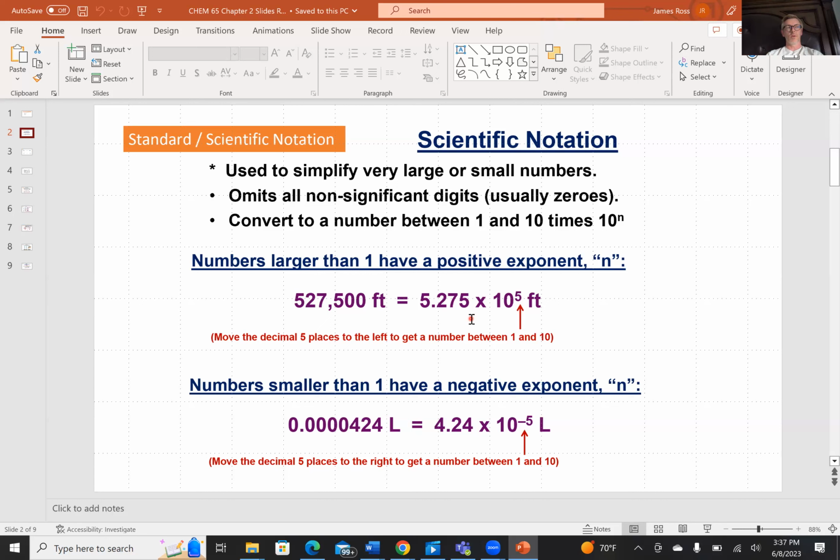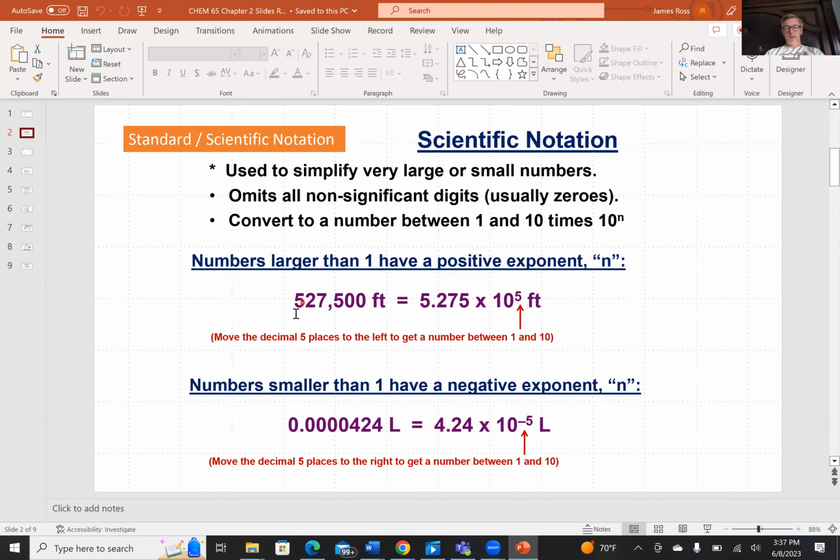Scientific notation is a tool that helps us deal with large or small numbers that might be cumbersome to write and impossible to enter into a calculator. We convert the standard notation into scientific notation by making a number between 1 and 10 and then multiplying it by an exponent 10 to the power n, where n can be positive or negative.